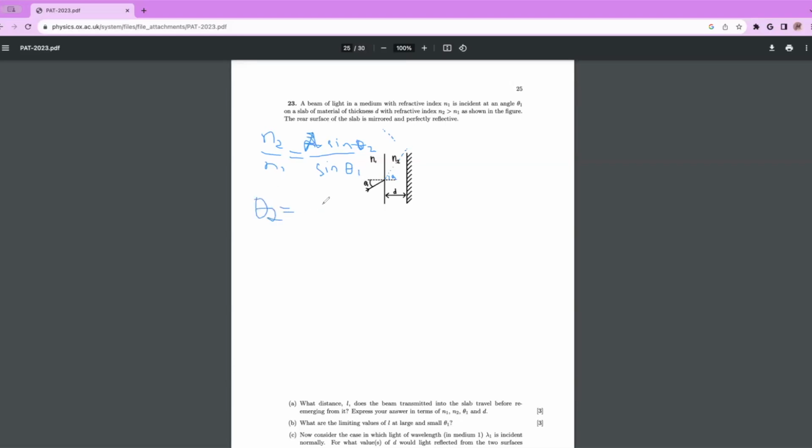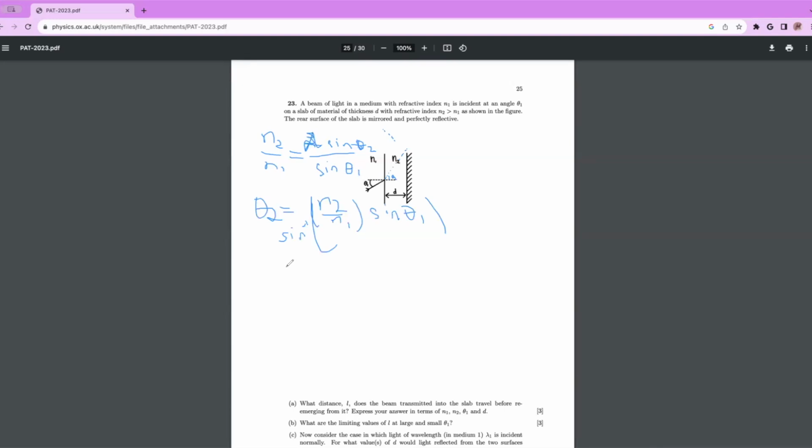Theta 2 is, I think it's gonna work. Okay, well, this is what I think theta 2 is. So theta 2 is, and now I need the cosine of it.